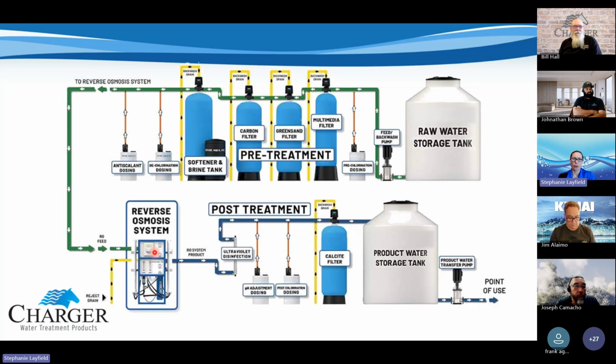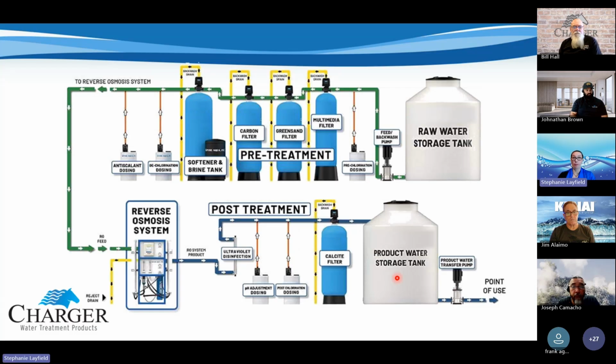And we're going to go into our RO system. You're going to have a reject drain, and the product. This is one of the applications that I am a fan of UV for. There's a lot of times where I'm hesitant to suggest UV, but this is a really good application for UV, for this product water storage.